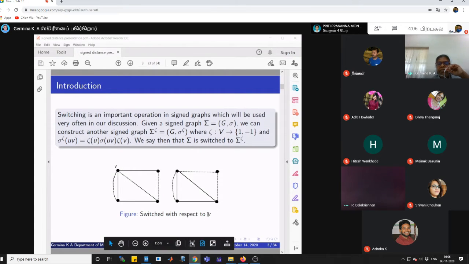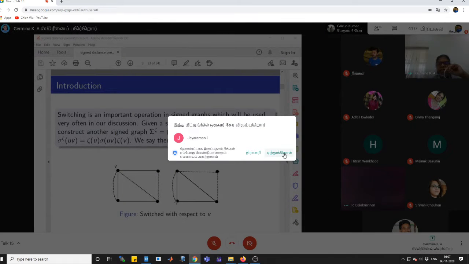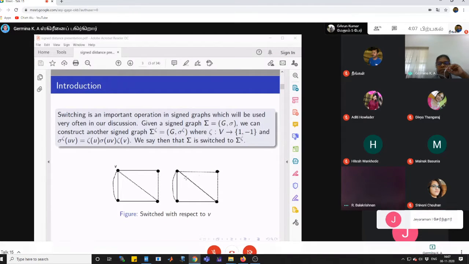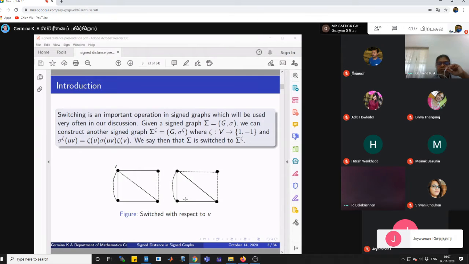Switching with respect to v means this positive edge will become negative, this negative edge will become positive, which are incident with the vertex v. And this positive edge becomes negative, and I have represented it here. And this negative edge will become positive. So we say the second signed graph is a switched signed graph of the first signed graph. This is the explanation of switching with respect to exactly one vertex.